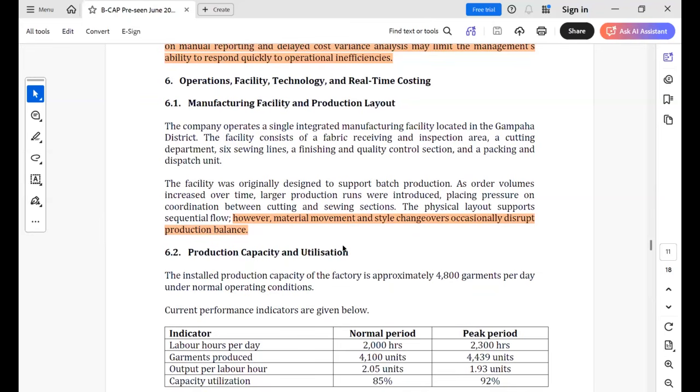And also the style changeover. If you take a garment manufacturing company, they are manufacturing different styles of garments, right? For one particular batch, they do one particular style. It's basically continuous running. Once the particular style is over, then only they move to another style, right?